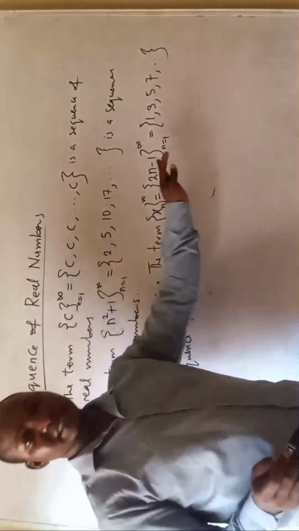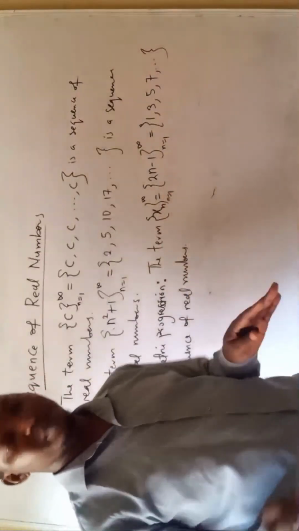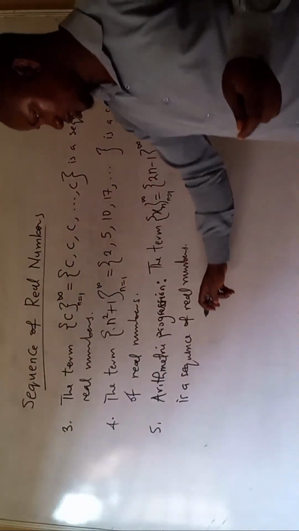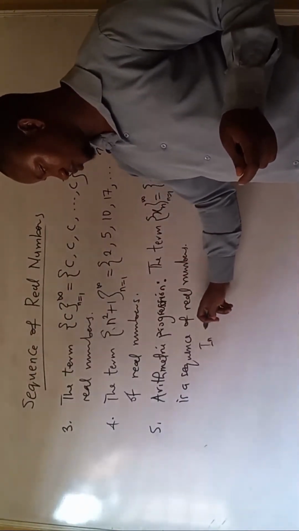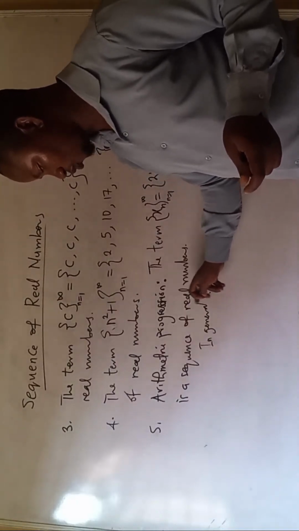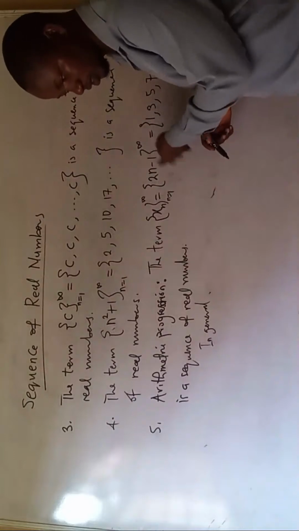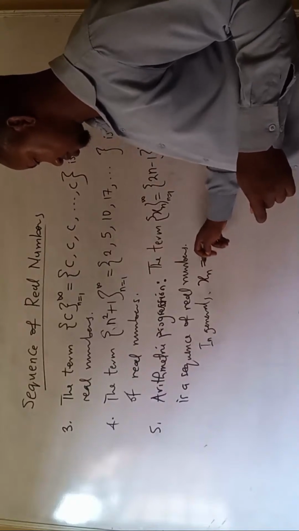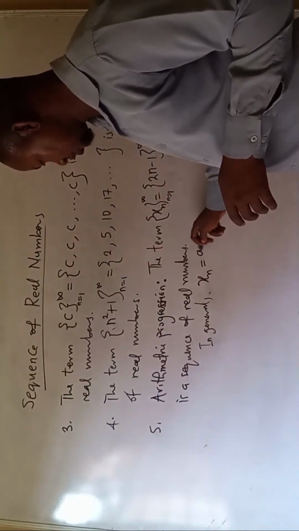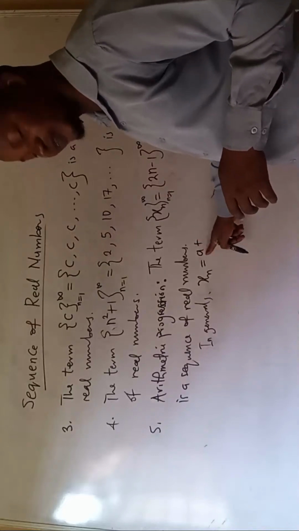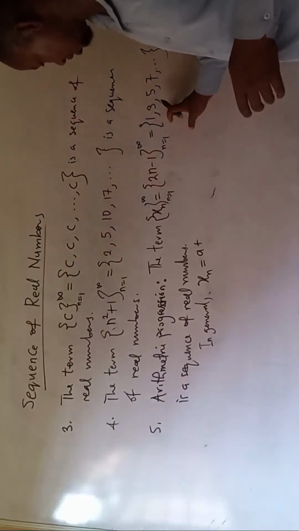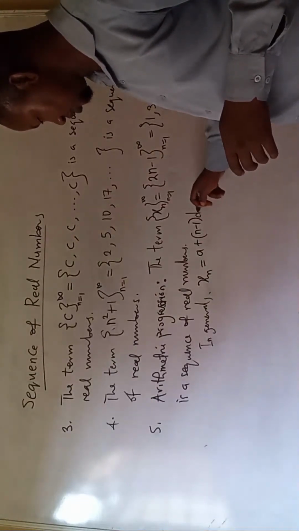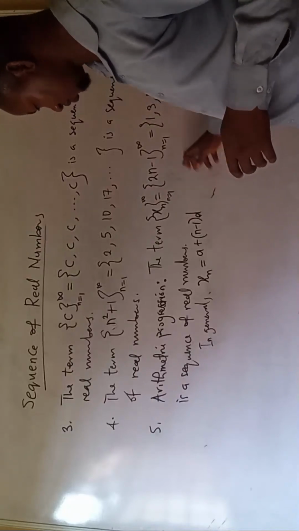So under this, you can generate different types of sequences of real numbers. For example, if you want to use the general term for generating a sequence under this, we can say xn, as we know in the formula, a is the first term of the sequence, and then d is the constant difference of this.